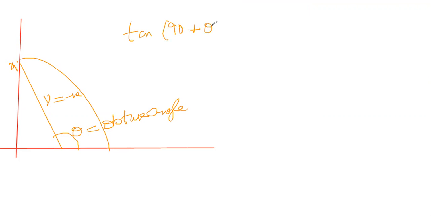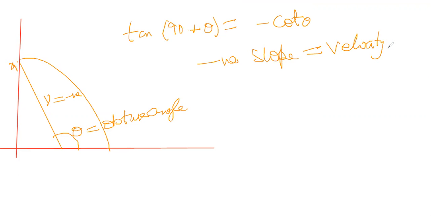Do you know mathematics? Tan 90 plus theta is minus cot theta. So what you will get is a negative answer, negative slope. Negative slope means velocity is negative.